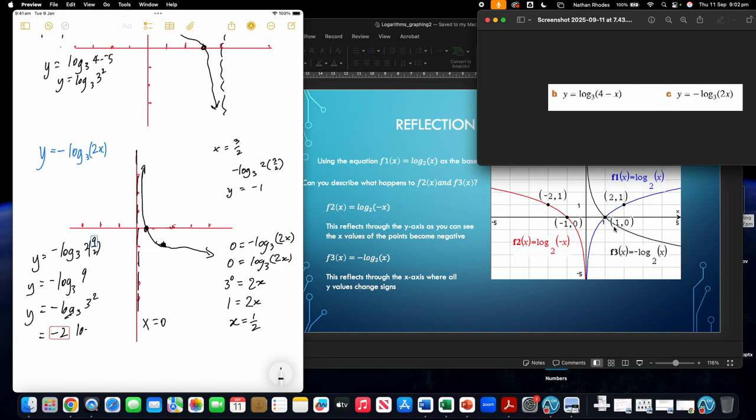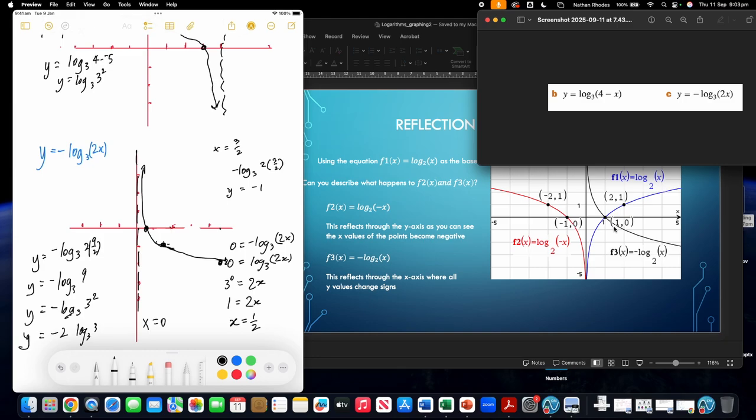That becomes minus 2. So when x is 4.5, y is going to be minus 2. So we know that's where it's going to end up going through, and it looks a little bit easier and better when we actually graph it. We can see that it's going through there. That's how you would graph these by manual means.